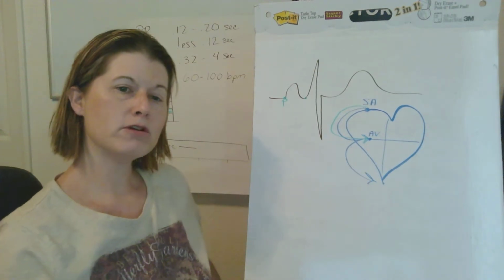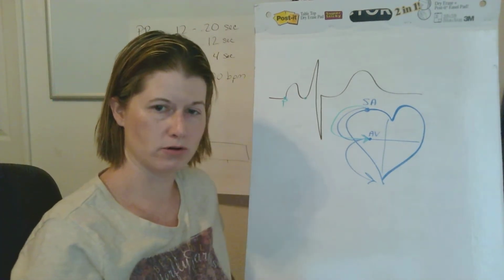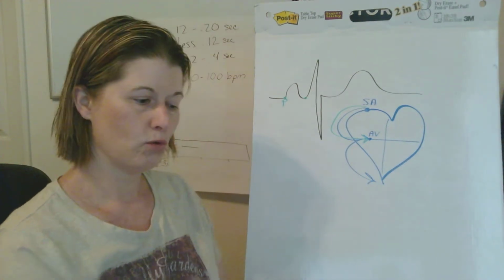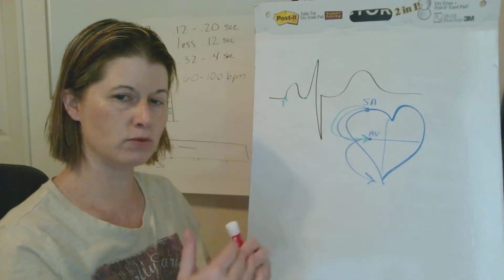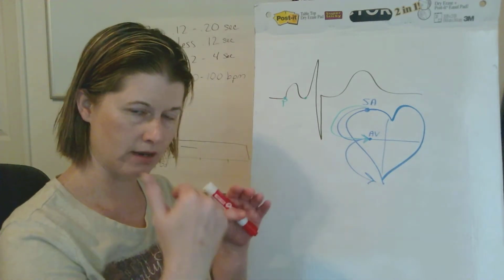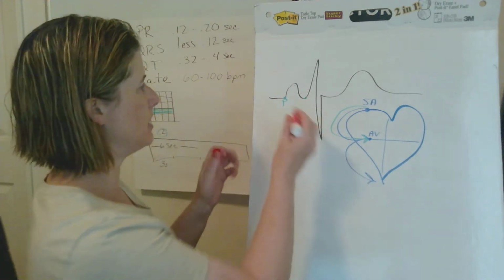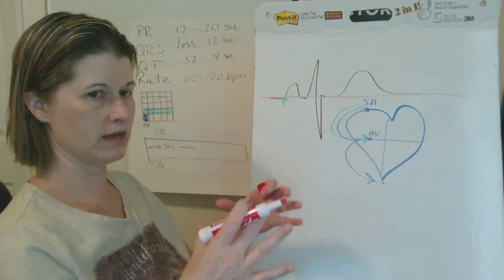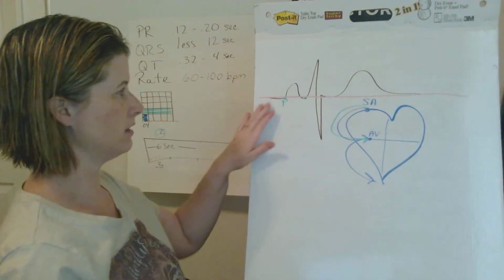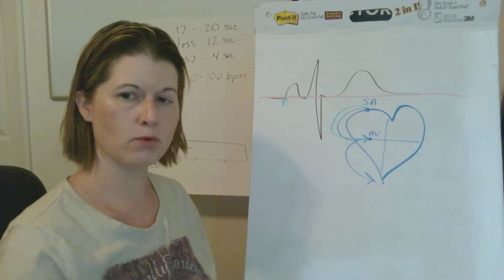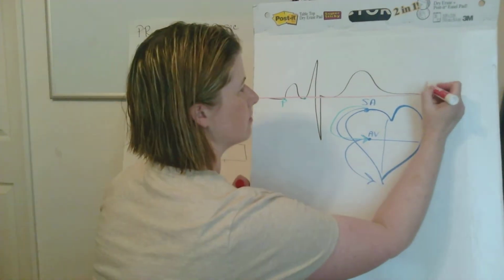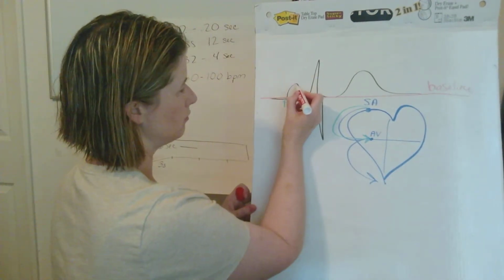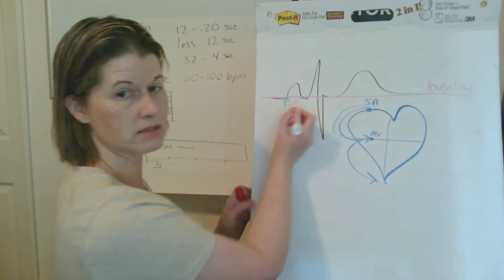Okay? Whenever you're trying to figure out where to measure, you have to remember that you have a baseline. When your heart is not doing anything, there's no electricity going at a certain moment, that's baseline. When your heart is just at rest, that's your baseline. So you are always measuring when something goes above baseline, as it leaves baseline, or as it returns to baseline.